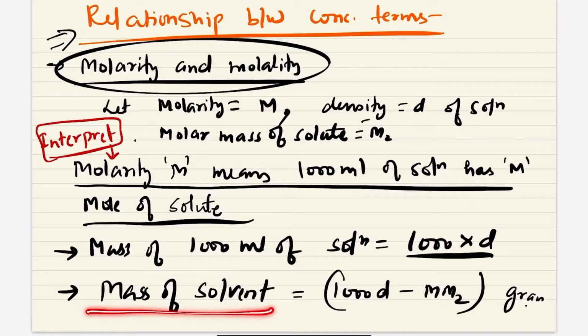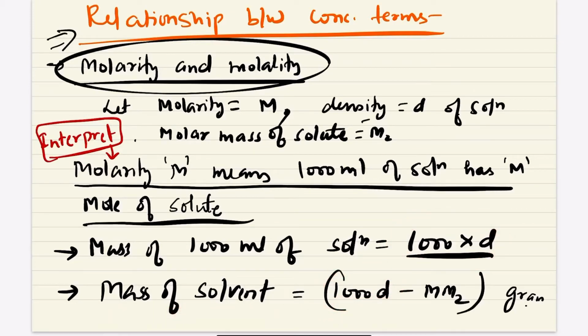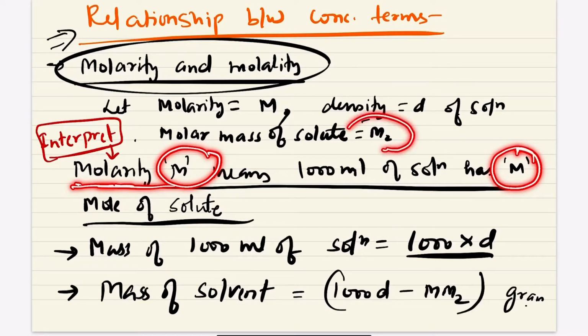What will be the mass of solvent? Mass of solution minus mass of solute. The mass of solution is 1000 into D. And what is the mass of solute? We know that this solution, which has molarity M, contains M moles, and the solute has molar mass M2.